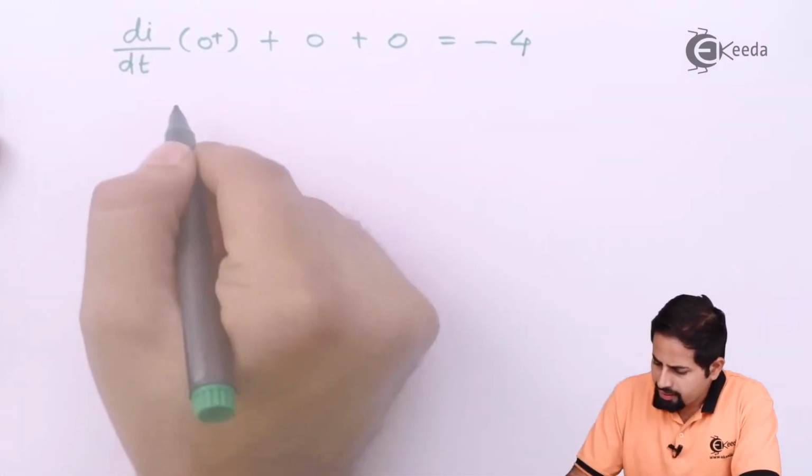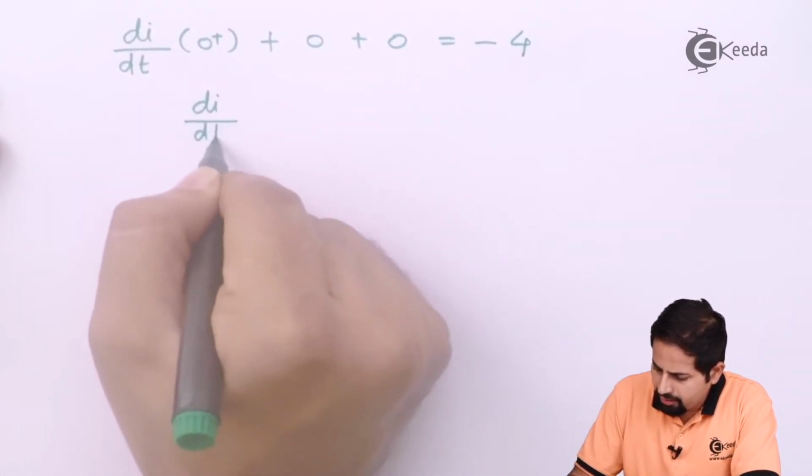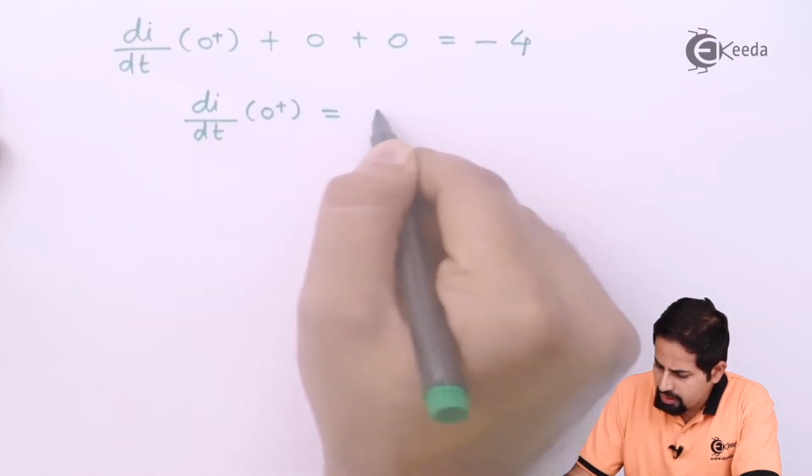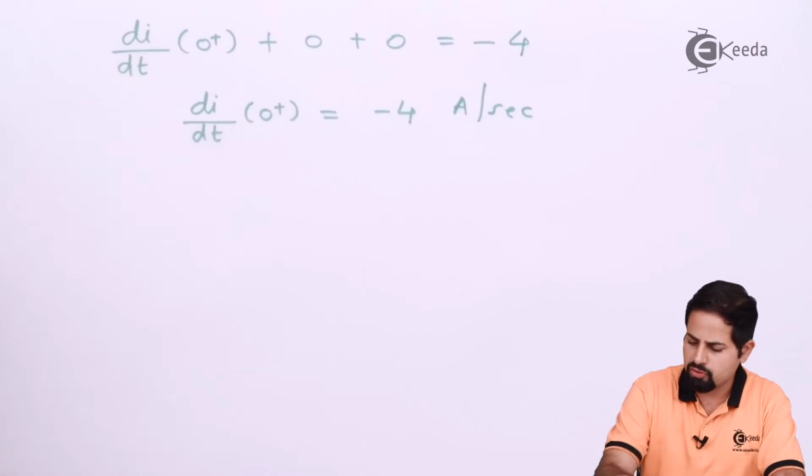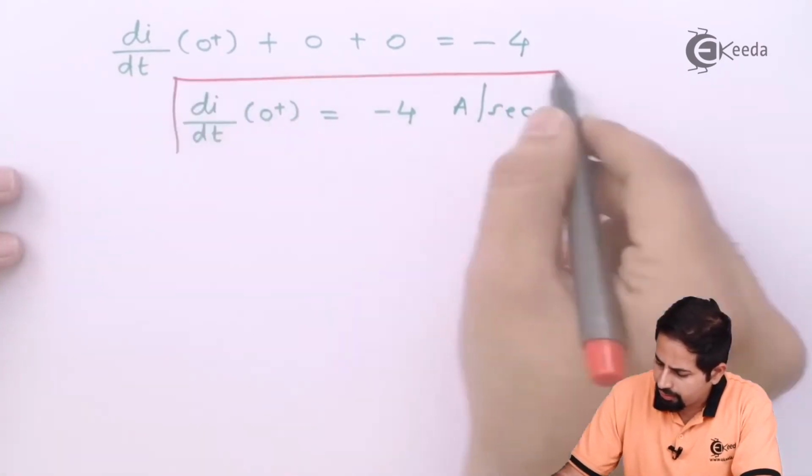So directly I can write that di by dt at 0 plus is equal to minus 4 amperes per second. So this is the equation which was required, and we have got it.